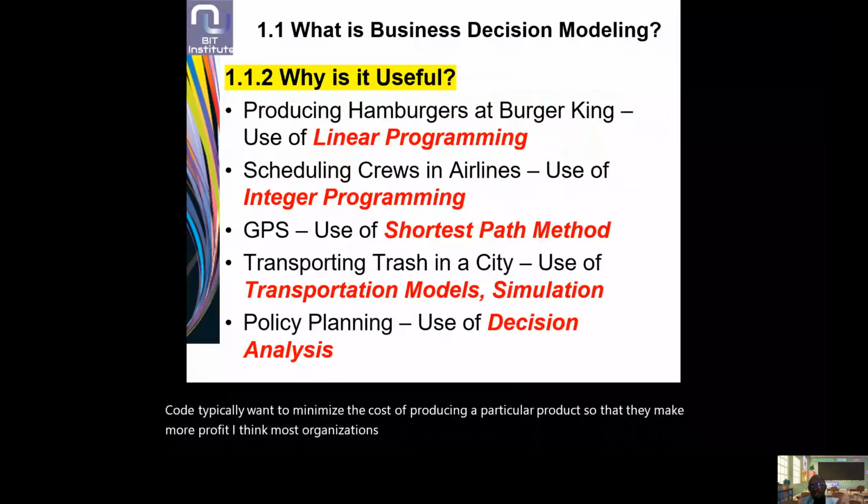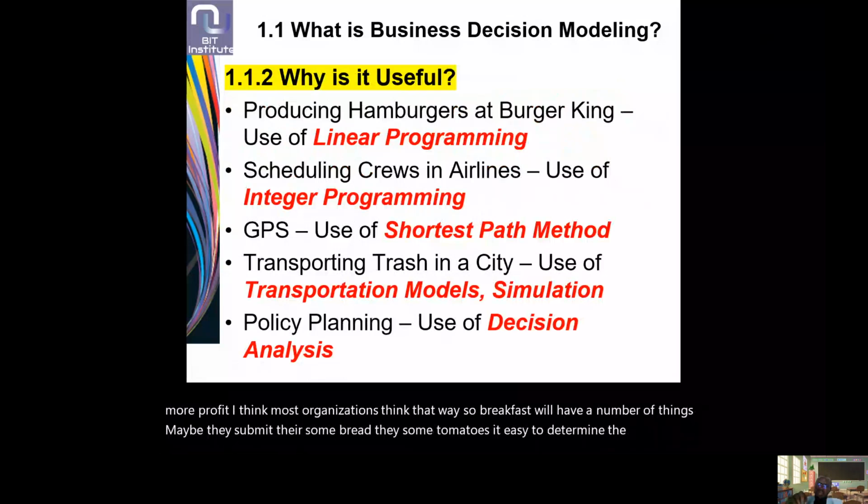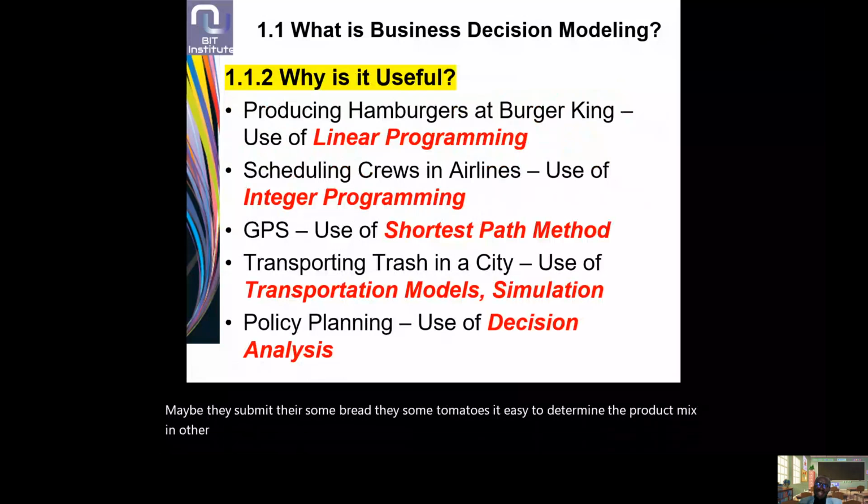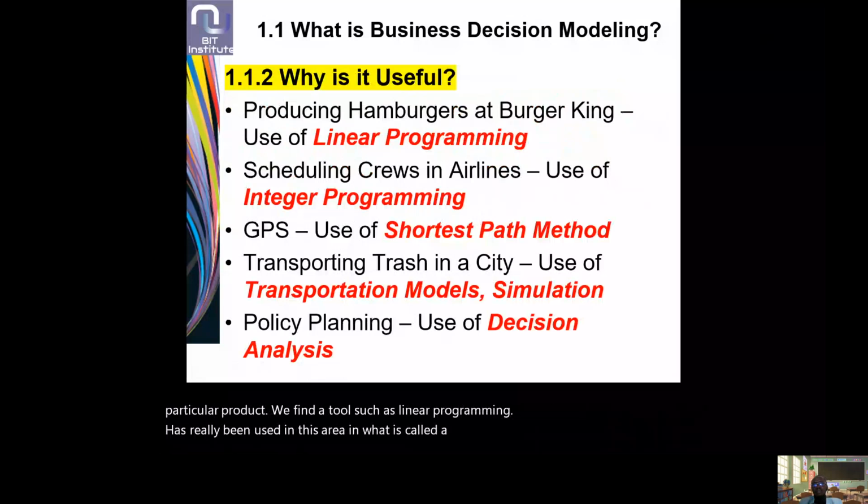So breakfast will have a number of things. Maybe there is some meat, there's some bread, there's some tomatoes, etc. To determine the product mix, in other words, the components or the different elements that make up that particular product, we find a tool such as linear programming has really been used in this area, in what is called a product mix problem, such as producing hamburgers in restaurants or even at home.